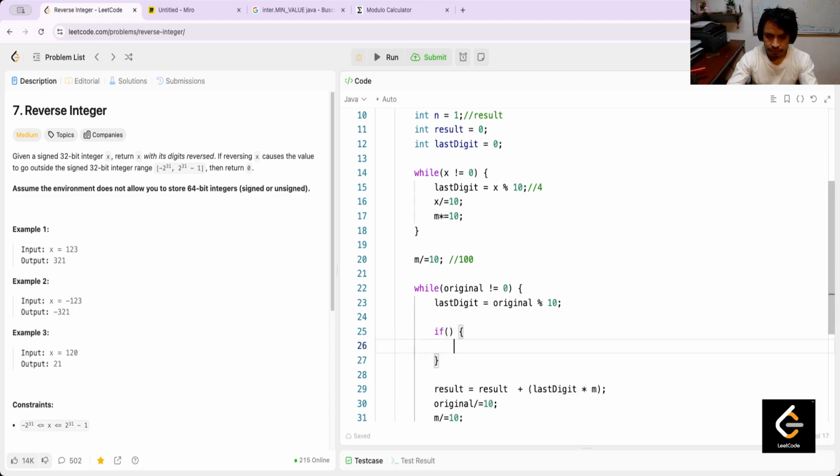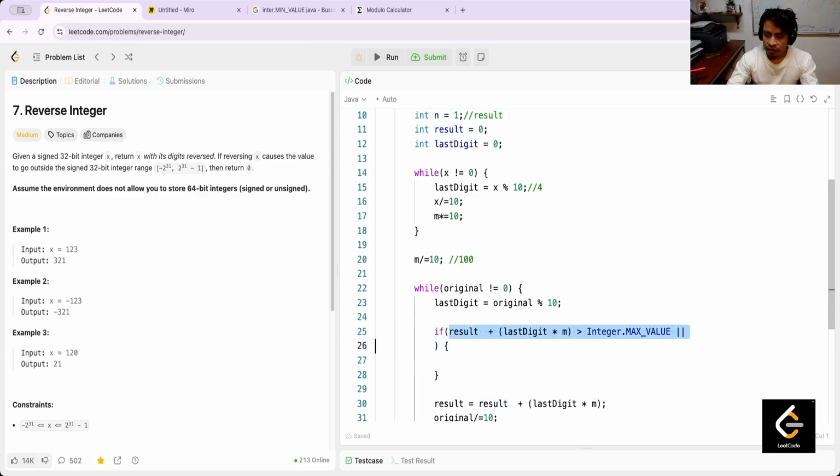If the result of this operation is greater than Integer.MAX_VALUE, or MIN_VALUE.